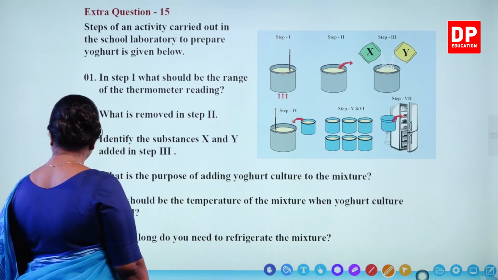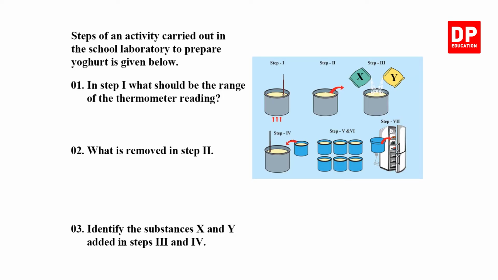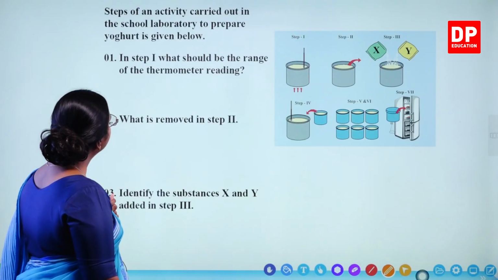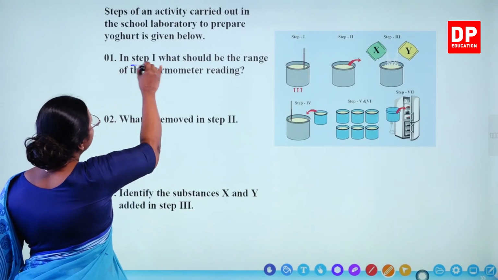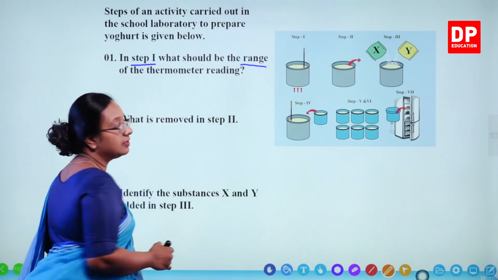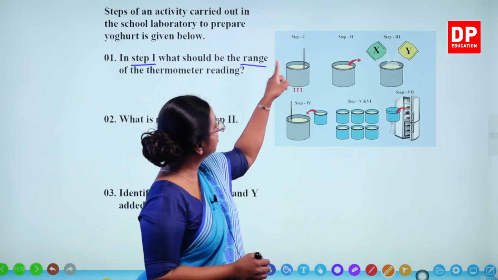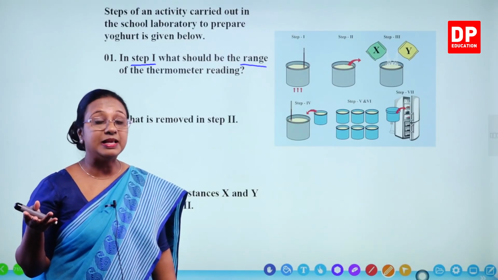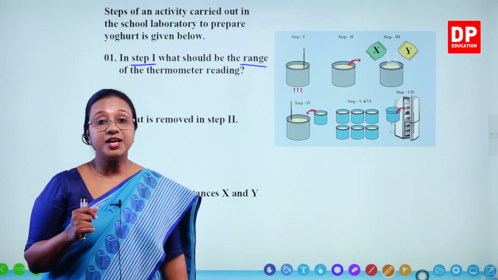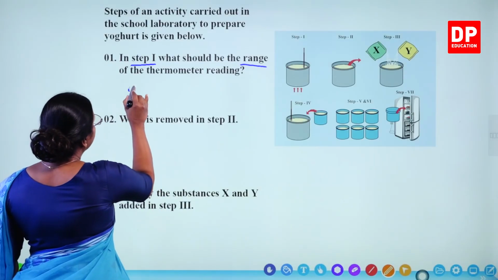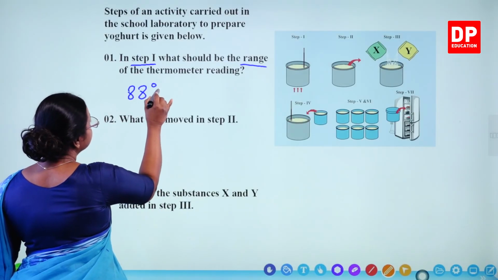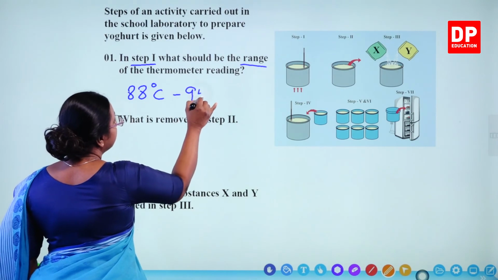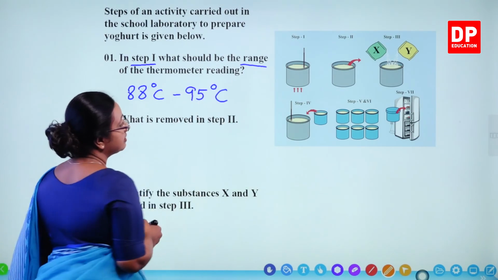Now I will move on to the first one. Steps of an activity carried out in the school laboratory to prepare yogurt is given below. In step 1, what should be the range of the thermometer reading? So this is step 1 when you heat the mixture, that is milk. What should be the temperature range? It has to be between 88 degrees Celsius and 95 degrees Celsius.